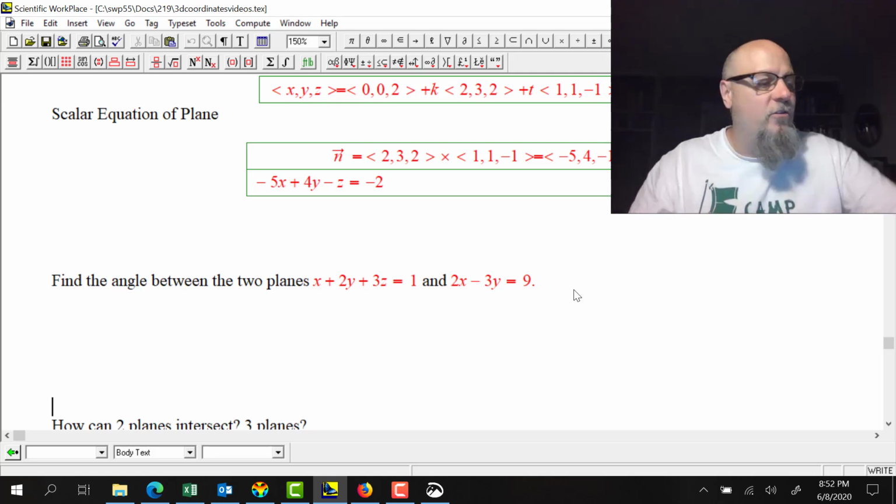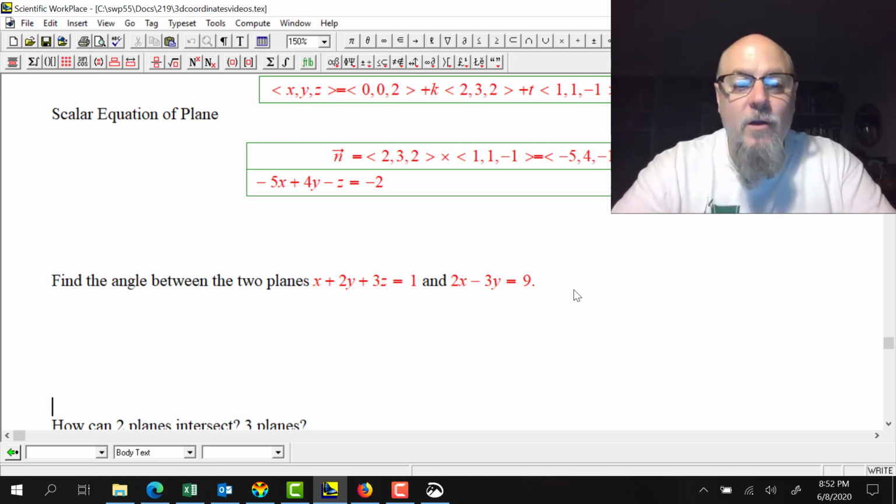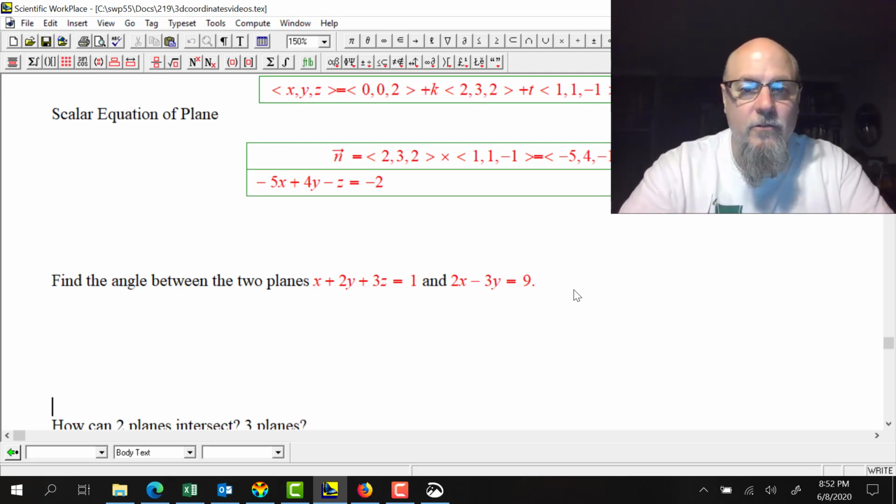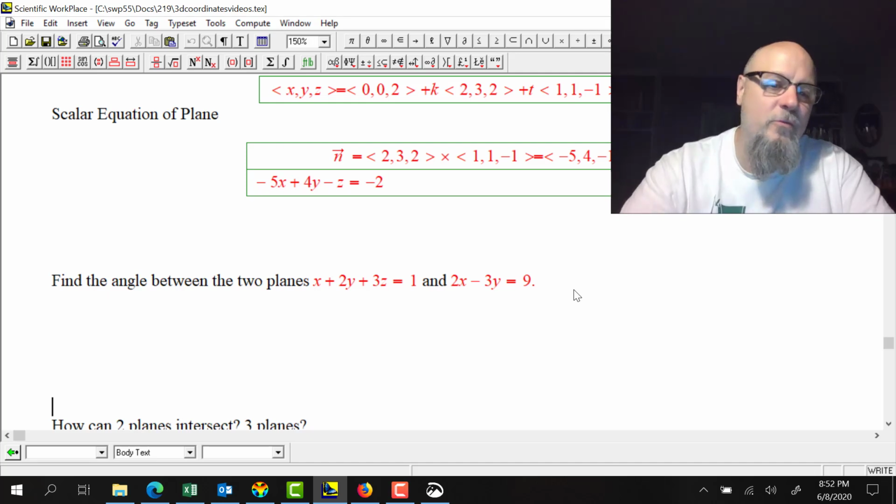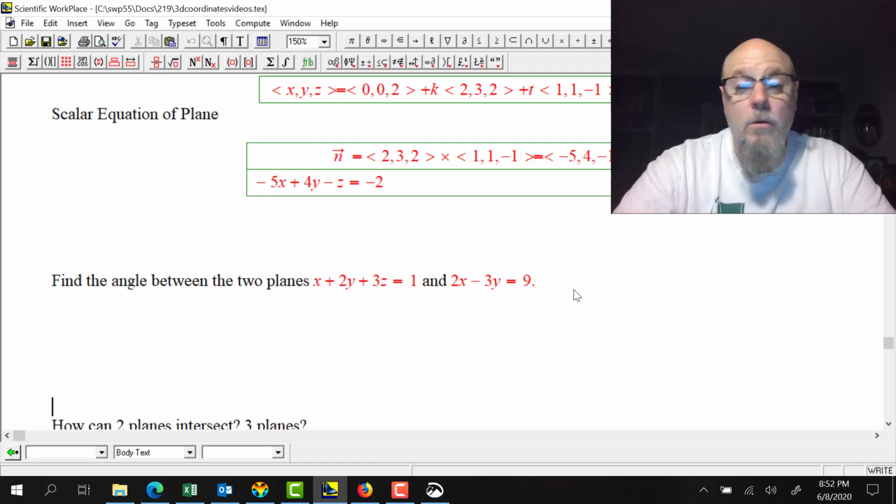That's what I'm trying to tell. So if I could figure out the angle between those 2 normal vectors, then I would have the angle between the 2 planes.